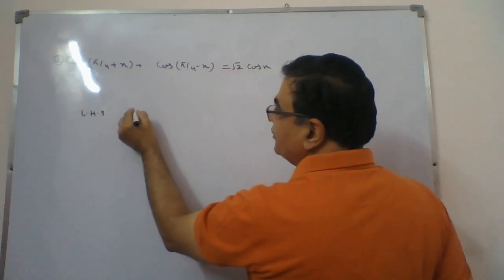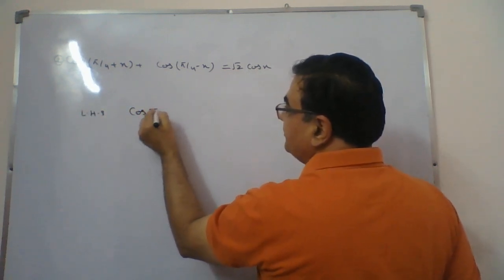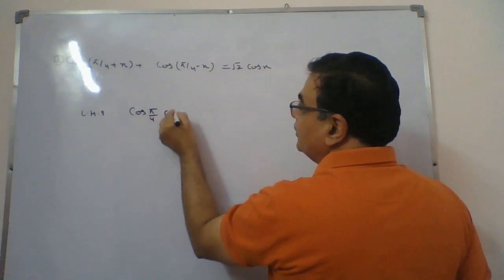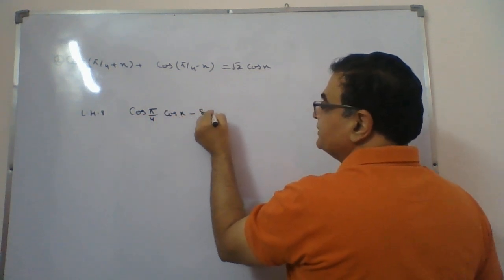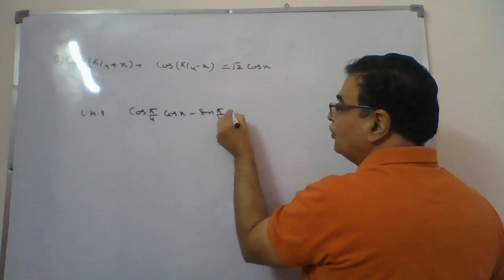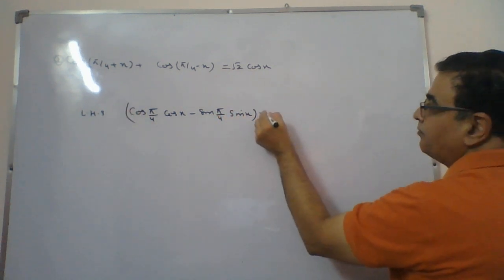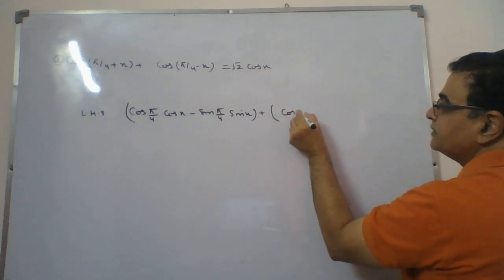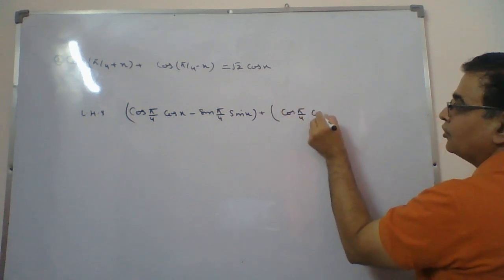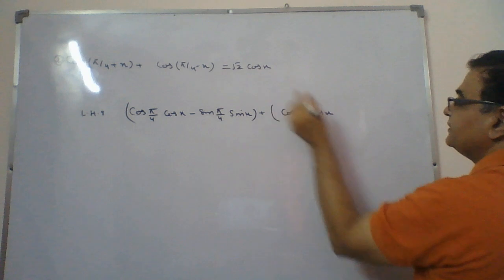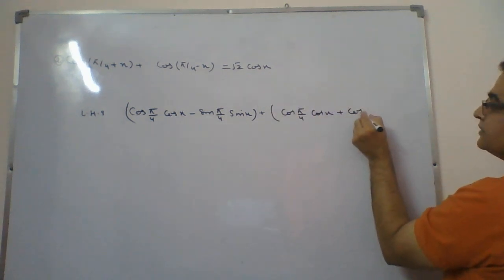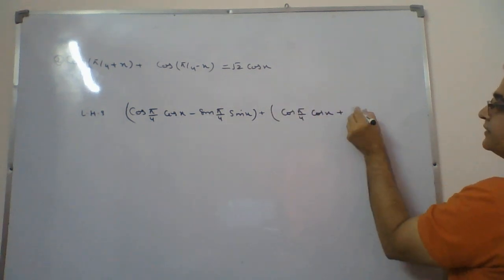What this will come, first formula says cos pi by 4 cos of x minus sin pi by 4 sin of x. Then plus this will be cos pi by 4 cos of x. Now minus is here, so it will become plus sin pi by 4 sin x.